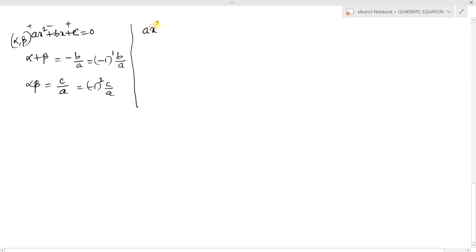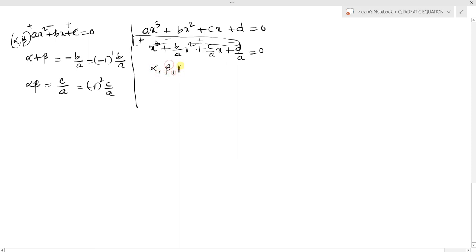Then what is the cubic equation? ax cube plus bx square plus cx plus d equals 0. We can write this in monic form as x cube plus b by a into x square plus c by a into x plus d by a equals 0, and plus and minus have to be taken alternately. Let alpha, beta, gamma be the 3 roots.